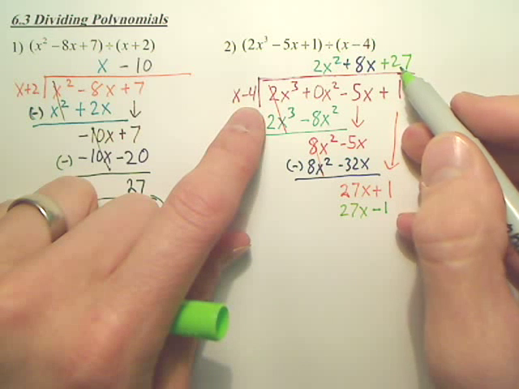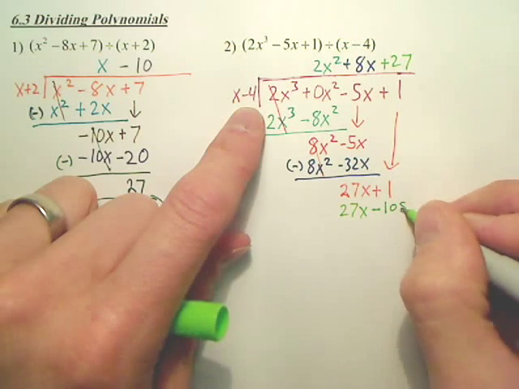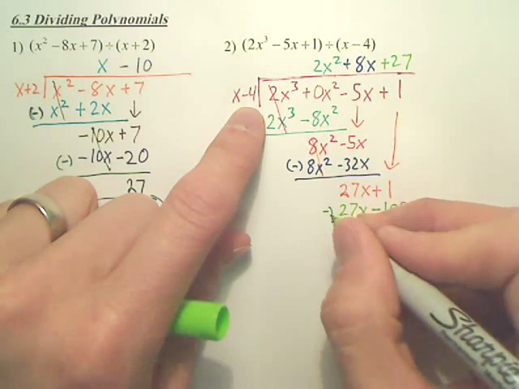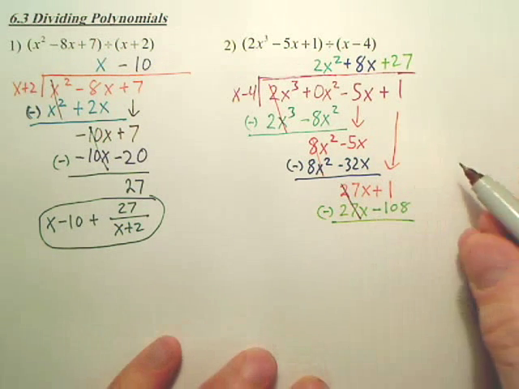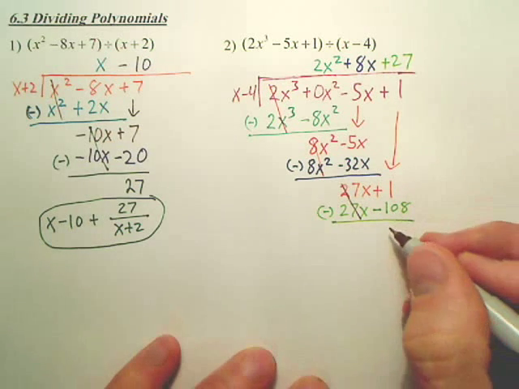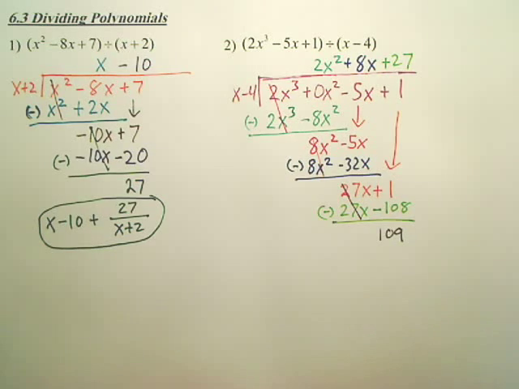Because what's 25 times 4? 100. And then 2 more. 2 times 4 is 8, so it's negative 108. These cancel. What's my remainder? 109. So my remainder is 109.